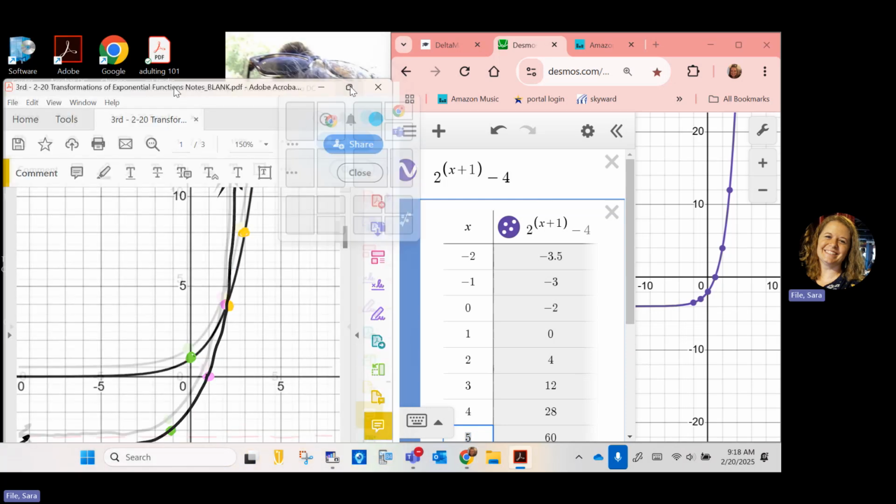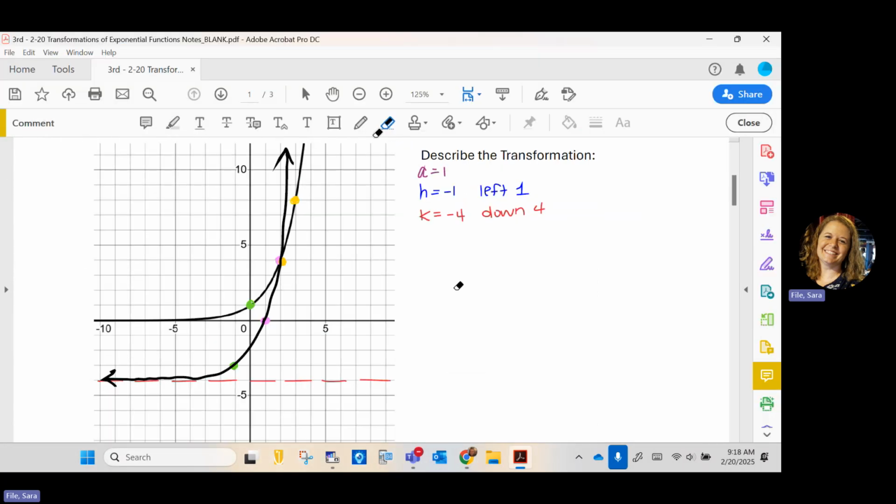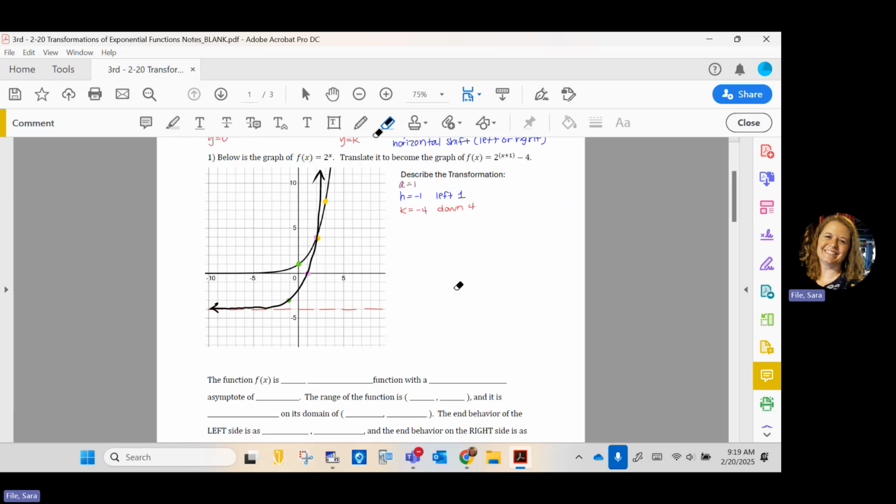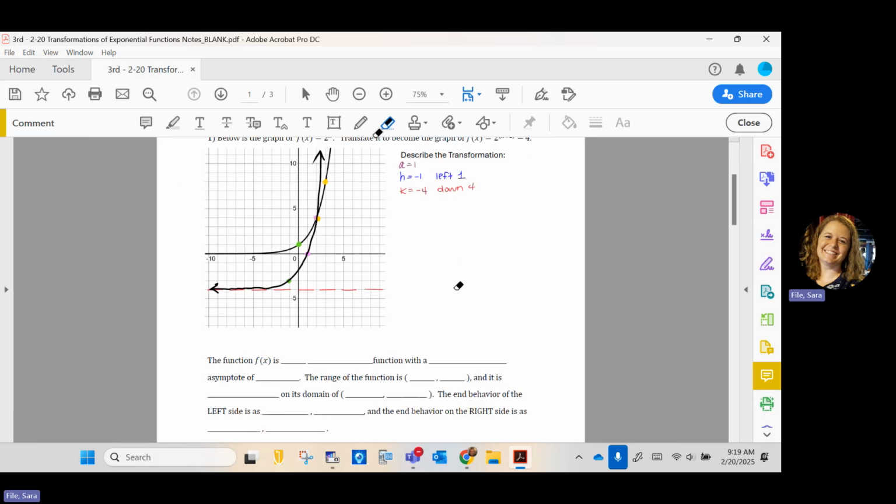All right, so now let's answer these questions beneath the graph, that are asking us for lots of information about this function. So first of all, what type of function is this? What is this whole unit going to be about? Exponential. So this is an exponential function.